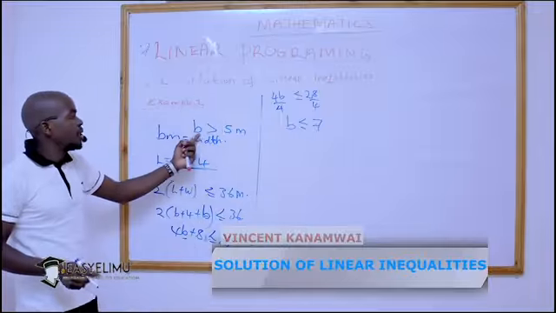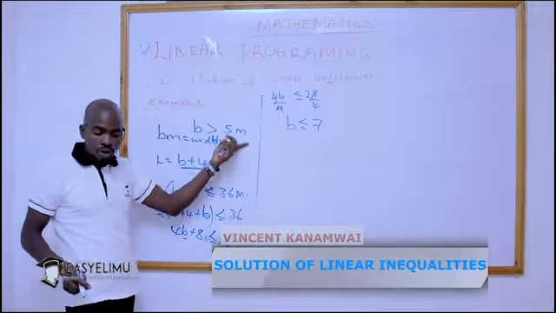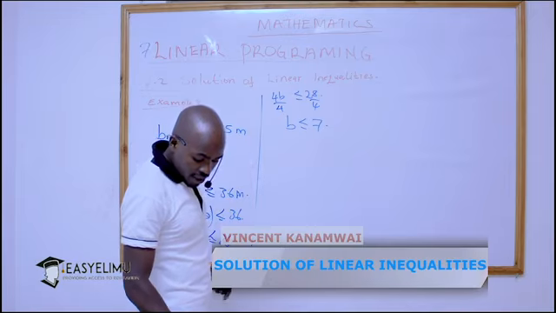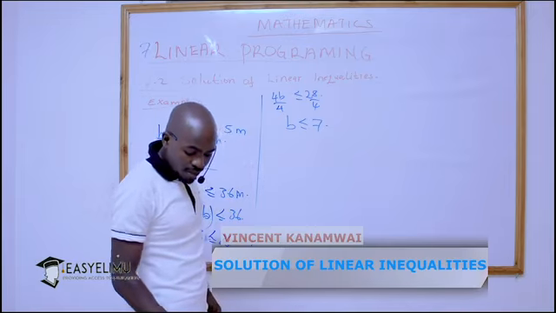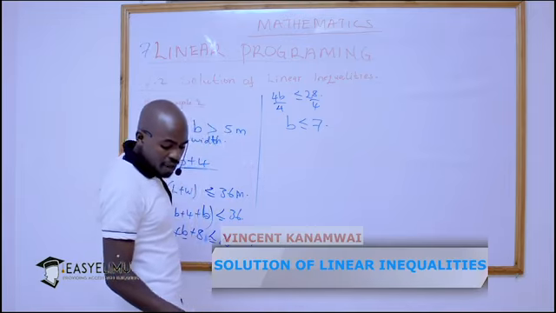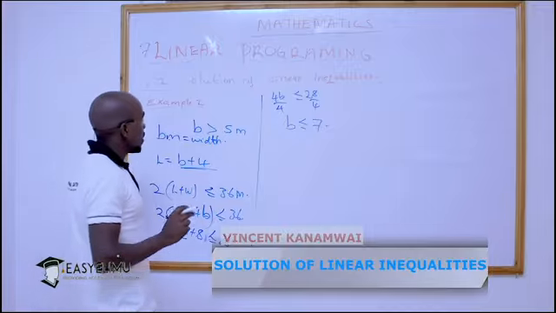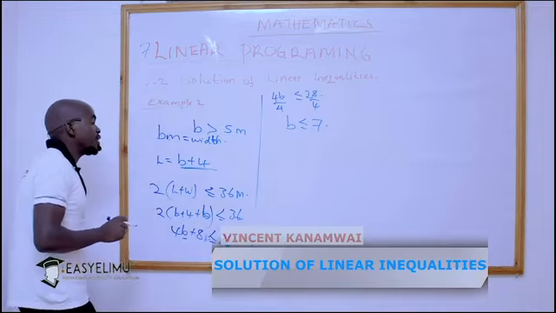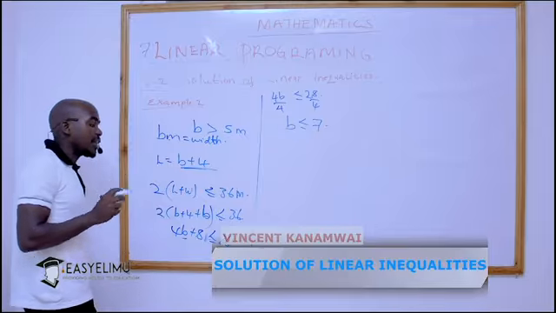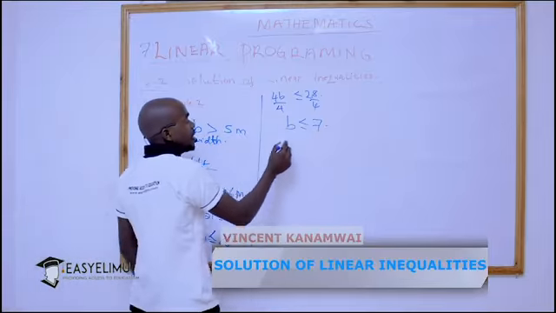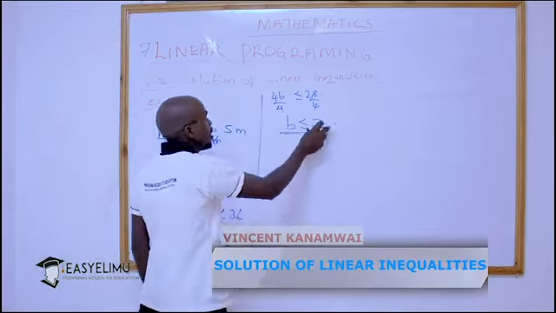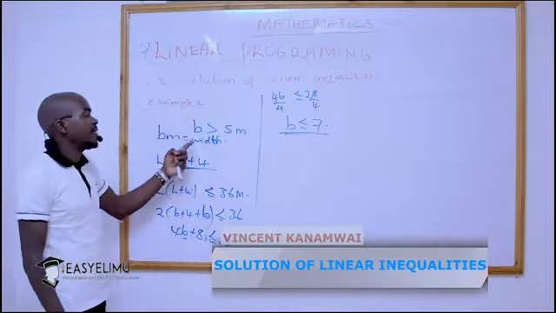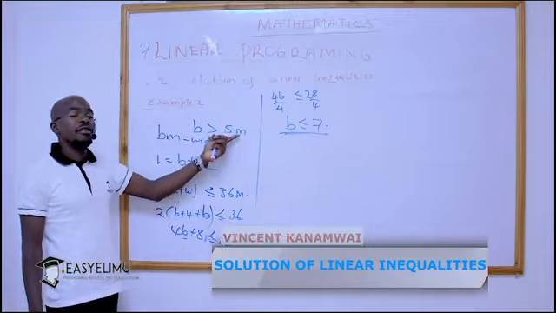But here we were told b is greater than 5, because we were told the width of that rectangle is more than 5 meters, but the perimeter of it is not greater than 36 meters. So we are finding that b is less than or equal to 7. At the same time, b is greater than 5.